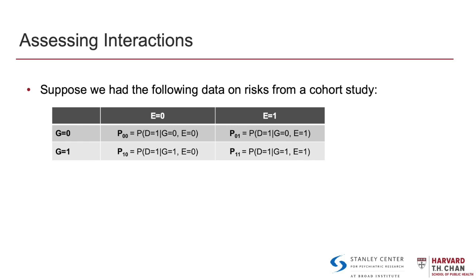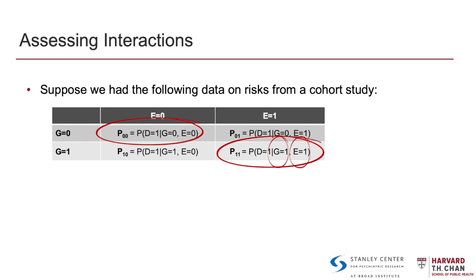The probability of the outcome in the presence of both the environmental risk factor and the genetic risk factor is indicated here. P11 would be the probability of having the disease given the genetic risk factor and given the environmental risk factor. The probability of having the disease in the absence of both the genetic and the environmental risk factor is denoted as P sub 00.